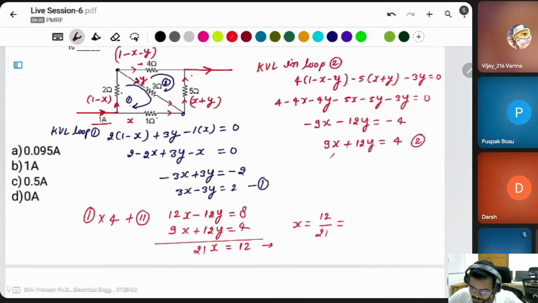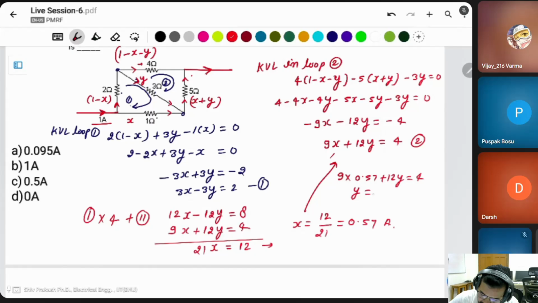Yes. Okay. Then again KVL in loop second. So started from here, then this will be 4, 1 minus X minus Y, then this is reverse direction, so minus X plus Y, then this is also reverse direction of 3 ohm, so negative minus 3Y is equal to 0.